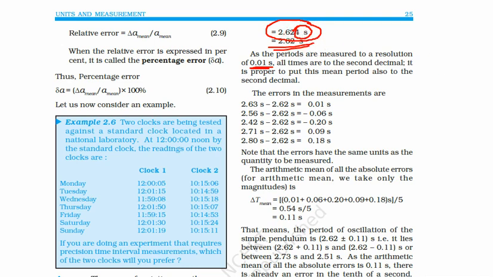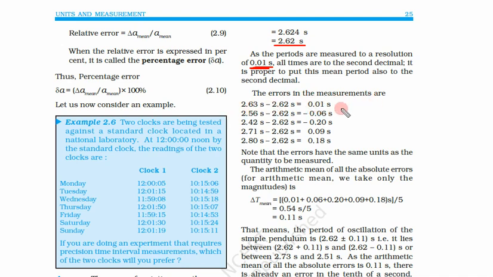The nearest number is 2.62. Suppose it was 6, then we would round it to 2.63. That's why we have given up this digit, because our watch itself is precise only up to 0.01 second. Now we have to calculate the errors in the measurement.